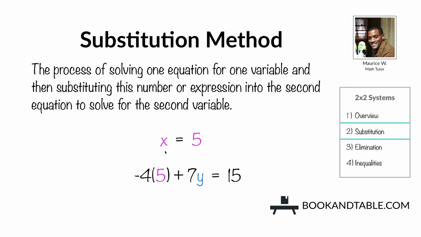Let's say you were given x is equal to 5, and the second equation is -4x plus 7y is equal to 15. You would plug 5 in for x, and then you would solve for y. So that is how you would use the substitution method to solve for the second variable when one of the equations provides you the value of the first variable.